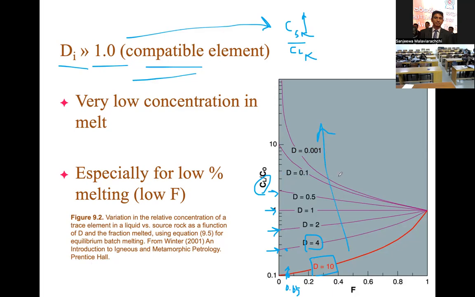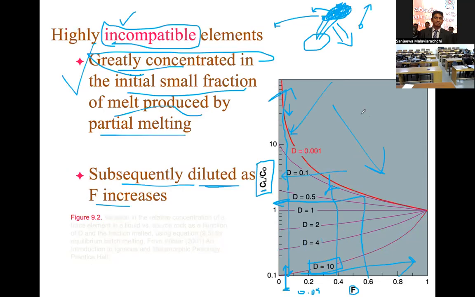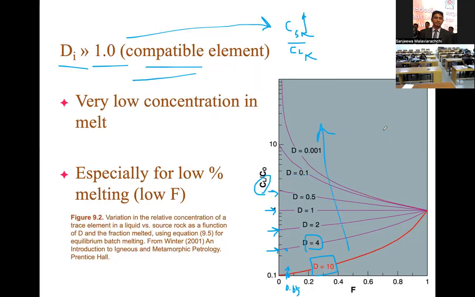In the previous case, you decreased the incompatibility downwards; here you decrease the compatibility upward. In that case, a large amount of that element is incorporated into the melt if the compatibility is very low. Compatibility very low means the opposite, incompatibility is high.